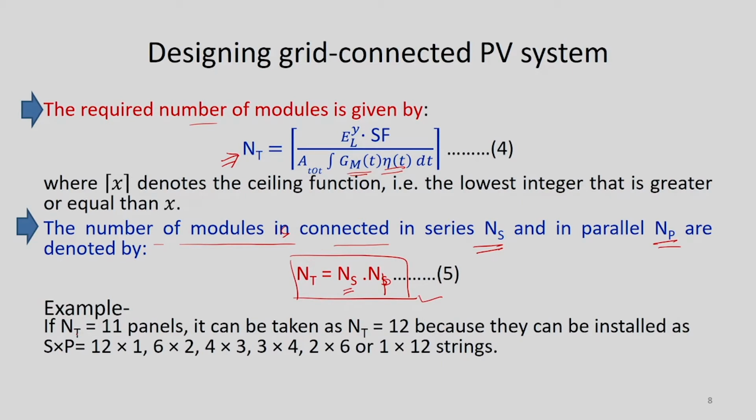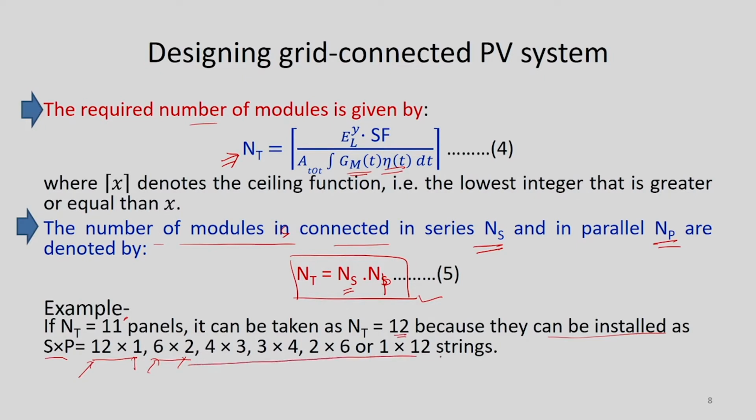And for example, if N T is 11 panels or 11 modules, it can be taken as N T equal to 12, because 11 is an odd number, and the modules can be installed as S into P. So, this may be 12 into 1, okay, or maybe 6 into 2, that is 12 in series and 1 in parallel, or 6 in series, 2 in parallel.